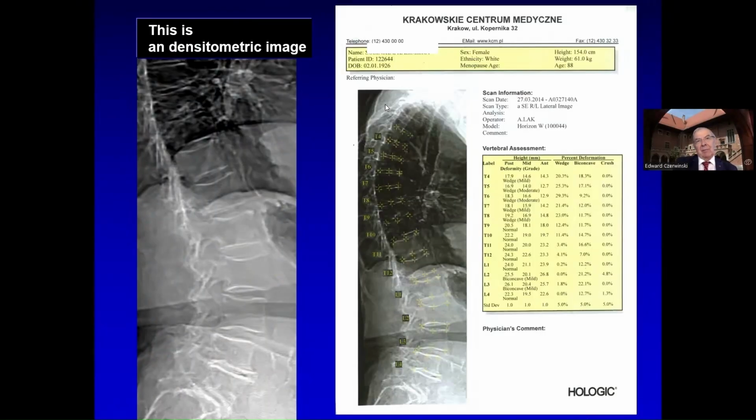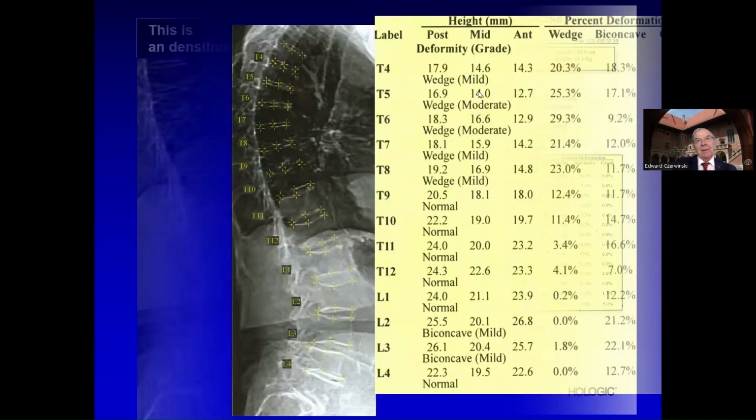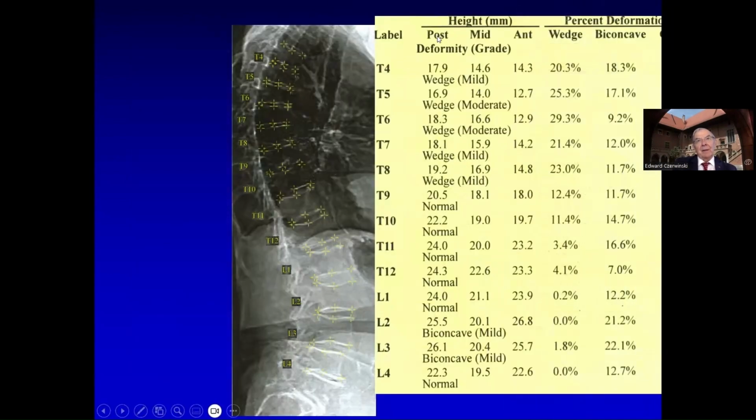And the program automatically finds the points, and it is very easy in the lumbar spine. It's very difficult in the thoracic spine due to vertebral shadows and lungs. And here we have the deformity, I mean posterior, medial, anterior heights, wedge or biconcave.